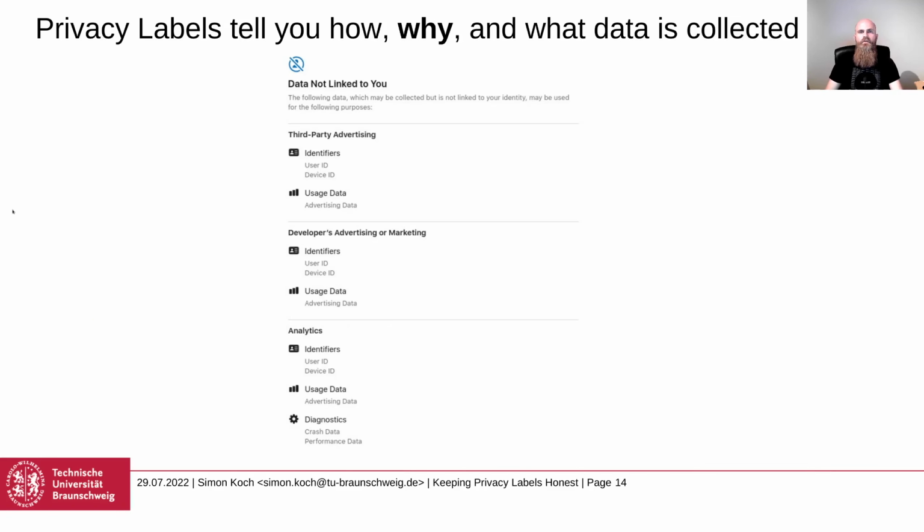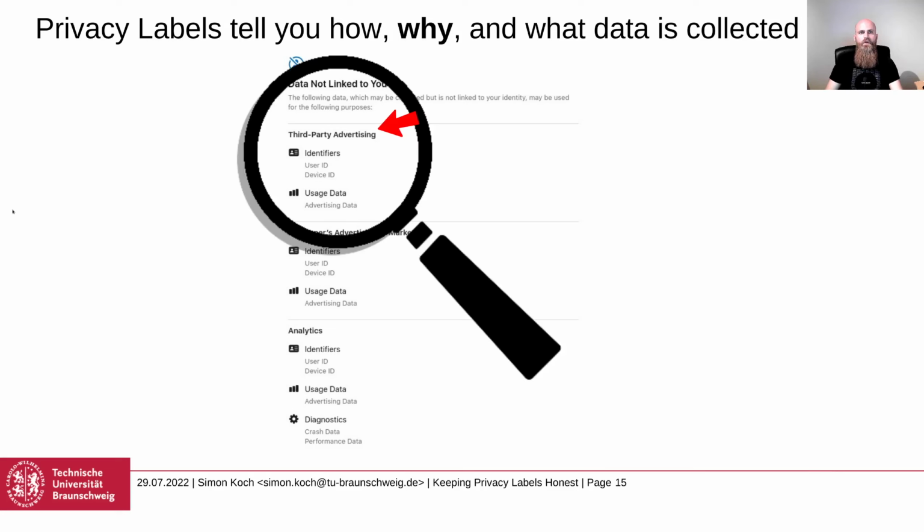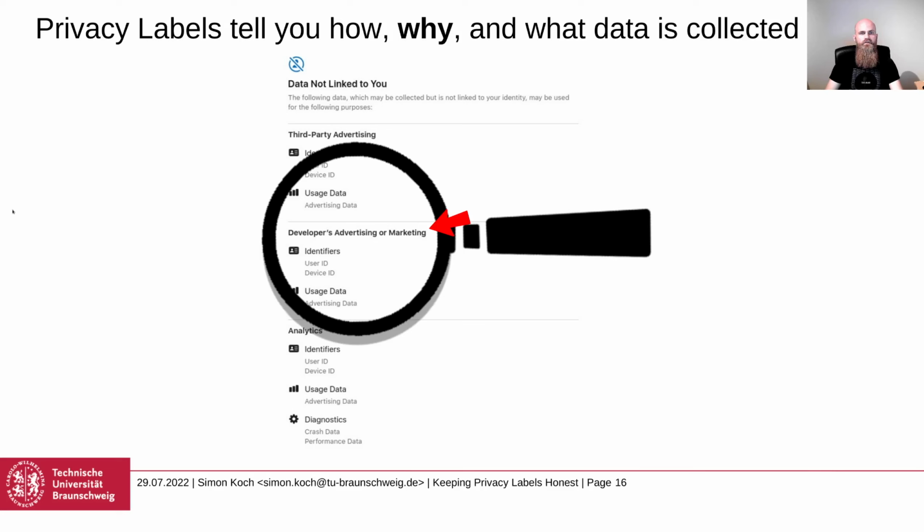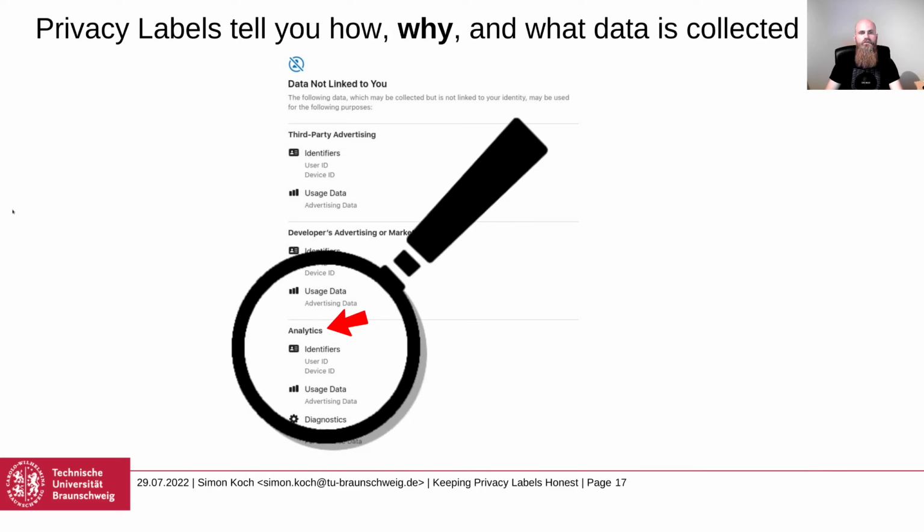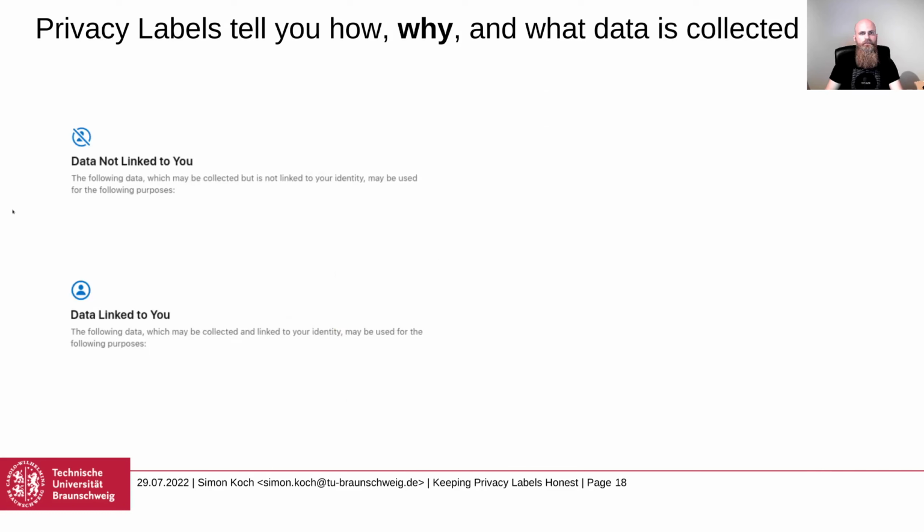Next, we have the why, the purpose on why data is collected. As an example, we have a look at the section detailing data collected not linked to you, and the purposes are listed in bold below. First, we have third-party advertising, then we have developer's advertising and marketing, and finally, we have analytics.